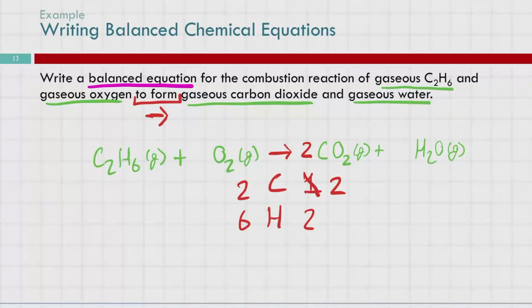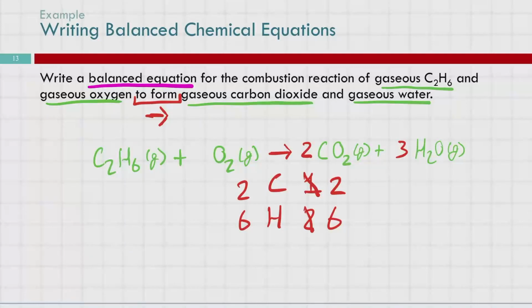So how are we going to get the product side to 6 hydrogens? We'd put a coefficient of 3 in front of our H2O, because this 3 coefficient times the subscript of 2 gives us 6 hydrogens in total.